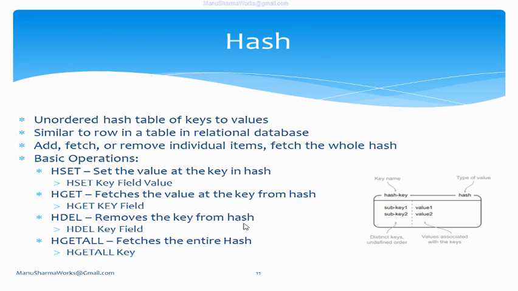To remove a particular field from the hash, use HDEL key field. To get all the fields of the entire hash key, use HGETALL, and it will return all the key value pairs of that particular hash key.